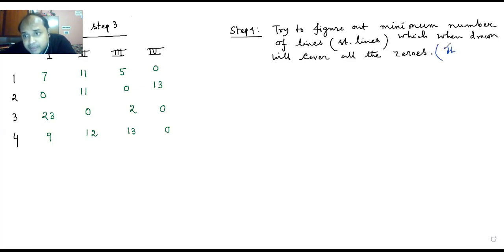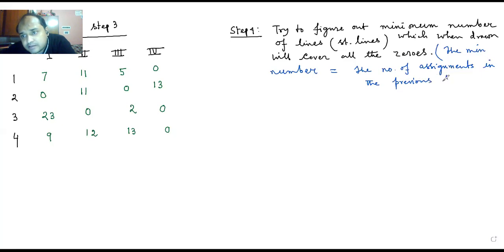The minimum number should be equal to the number of assignments in the previous stage.